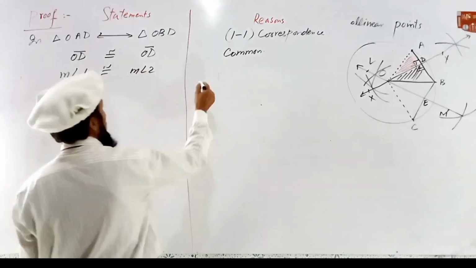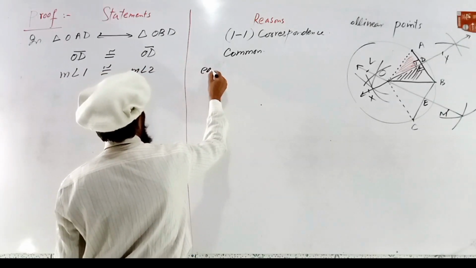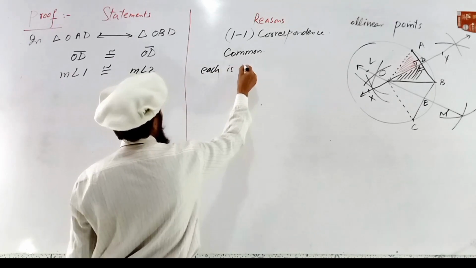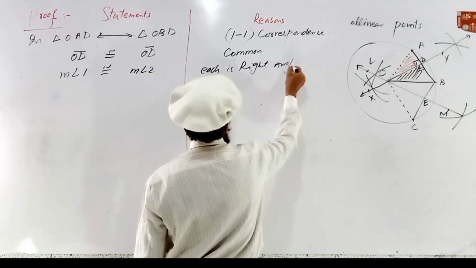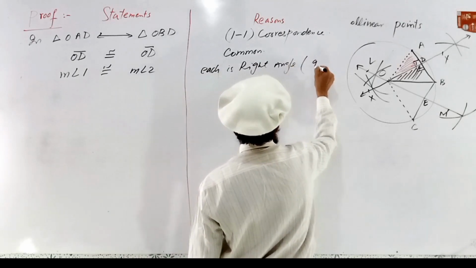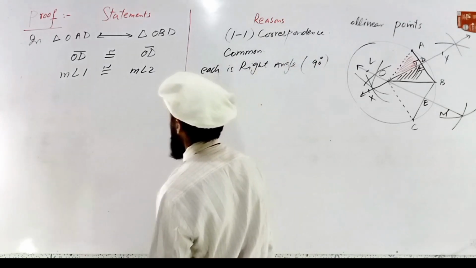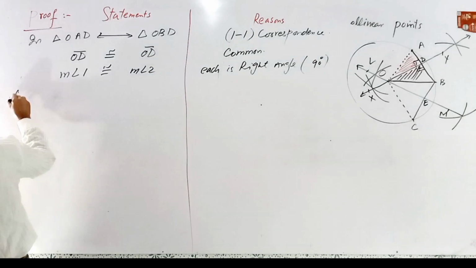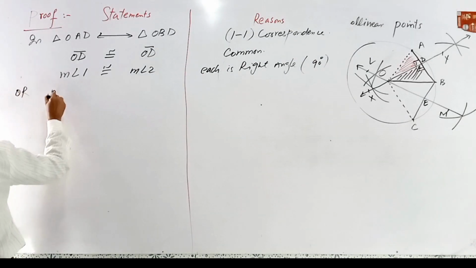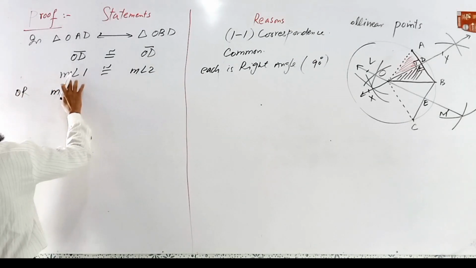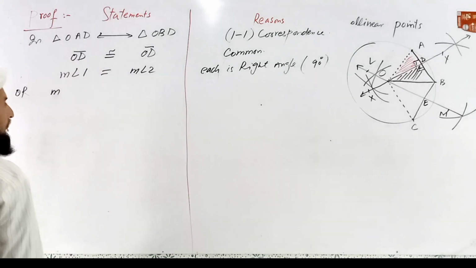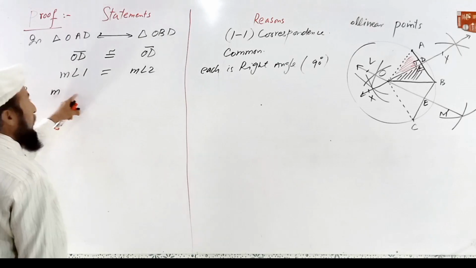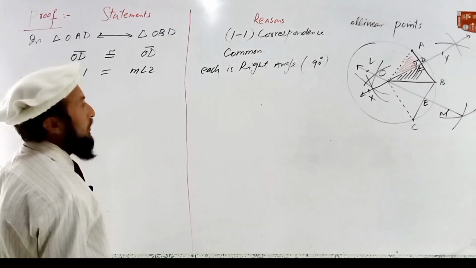Each is a right angle, which means it's 90 degrees. If we put measurement, this will change the congruency into equality. So measurement angle 1 is equal to measurement angle 2.